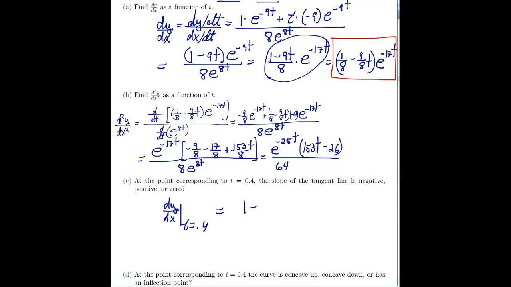We put 0.4 for t, so 9 times 0.4 is 3.6 over 8 e to the minus 17 times 0.4, and without computing I can tell that that's going to be negative because the e part is positive and the 8 is positive, so it's just the sign of 1 minus 3.6, which I know is negative. So it's going to be negative.